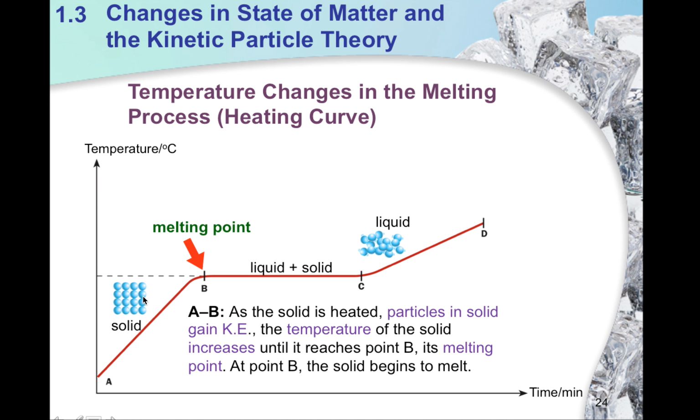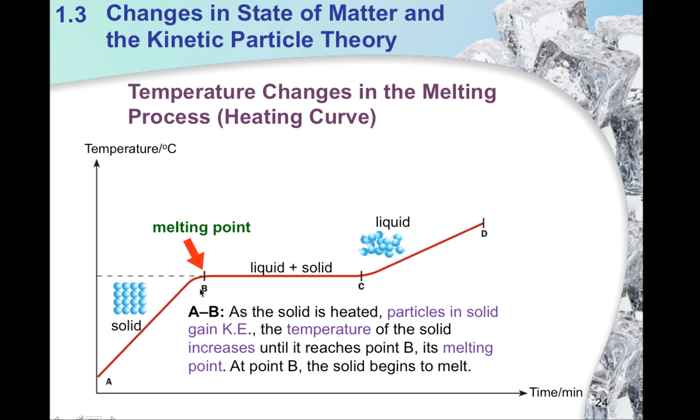So from A to B, the solid is heated, and the particles gain kinetic energy. This results in the temperature of the solid increasing until it reaches point B, its melting point, and at point B the solid will begin to melt. So in the question, if they ask you what the state from A to B is, you are required to give the solid state.